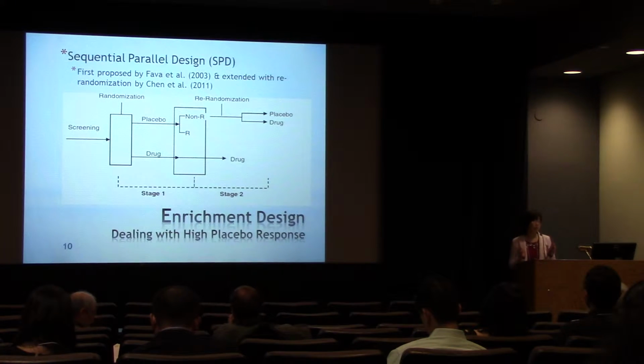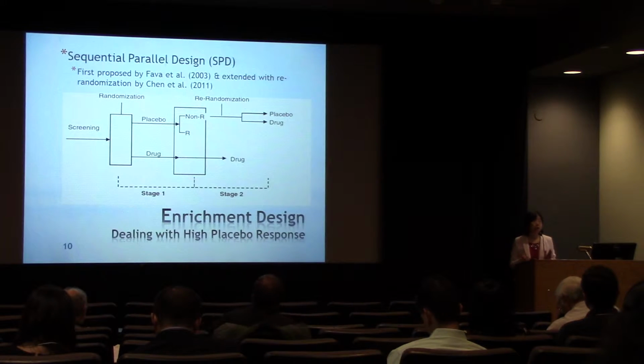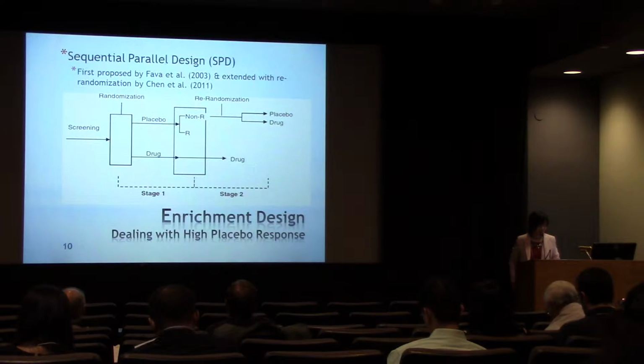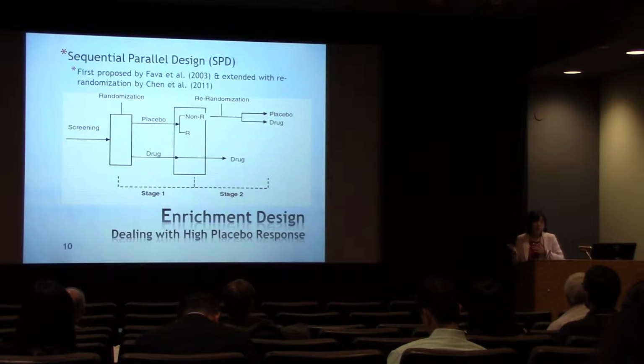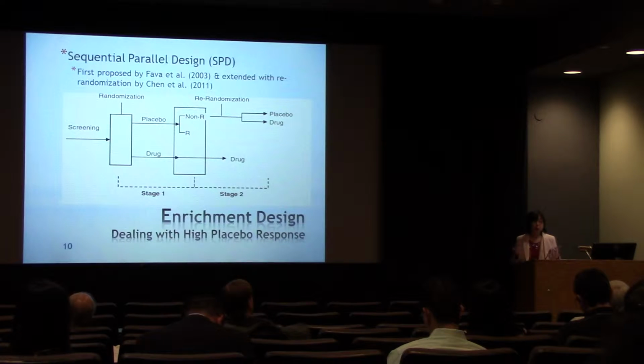The patient will be randomized to either drug or placebo. And in the second stage, only those patients who are placebo non-responders will be re-randomized to the drug and the placebo. The motivation behind this is that sometimes you observe high placebo response in some trials. So we want to use some kind of design to tease out those patients who are placebo responders to help the drug show the difference when compared with placebo.